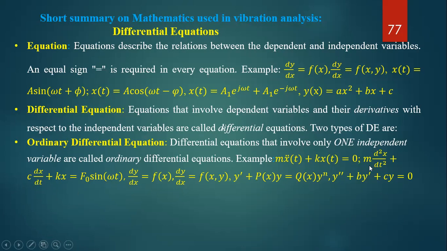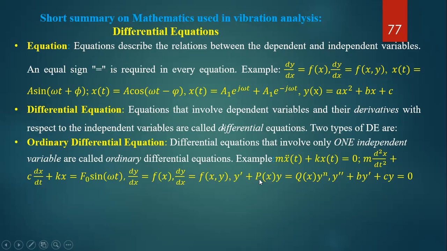This is the equation for free vibration with no damping, and this is forced vibration with damping. And also dy dx is equal to f of x. This is a first order equation; these are first order equations, these are second order equations, and this one again is a first order equation. So these are ordinary equations.